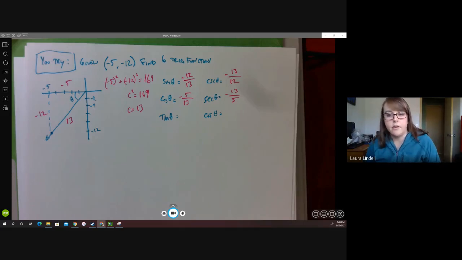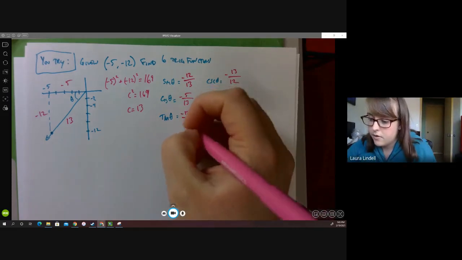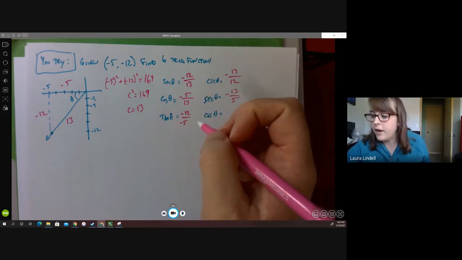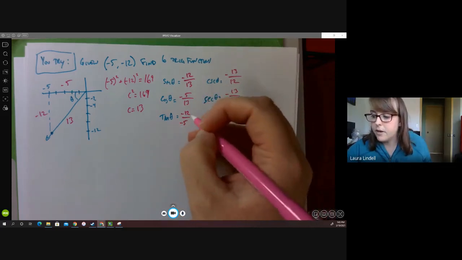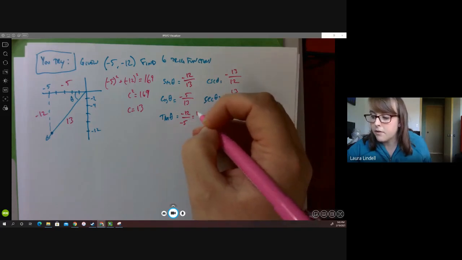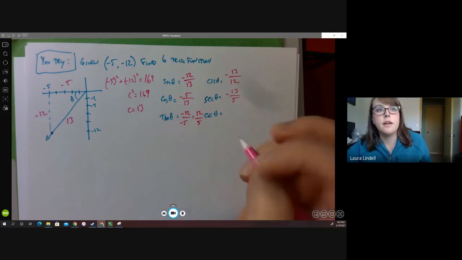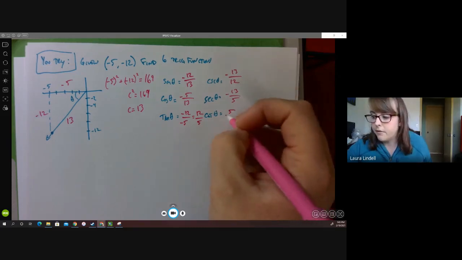All right, -12/5. So we have -12 over -5, right? So when we get something like that, with -12 over -5, we can just cancel the negatives because a negative divided by a negative is a positive and get just +12/5. And then for cotangent, we can flip it and get 5/12.